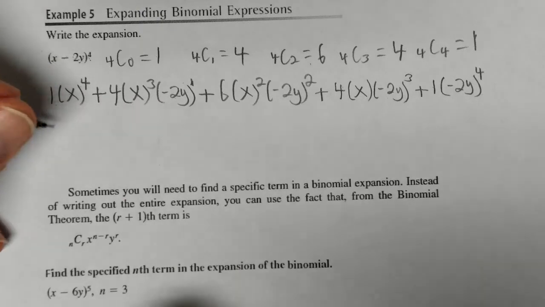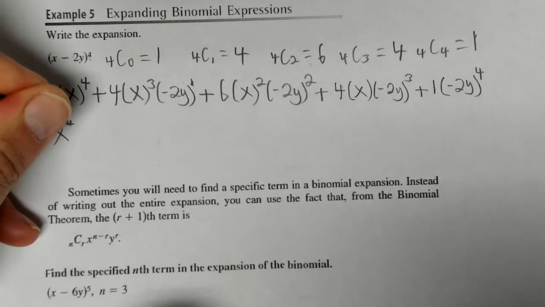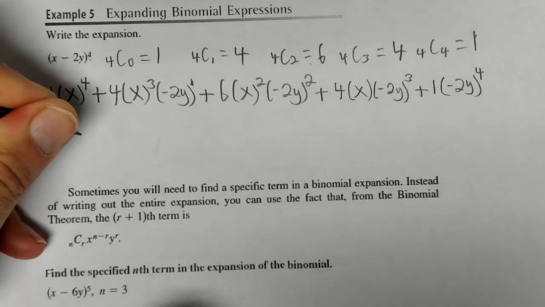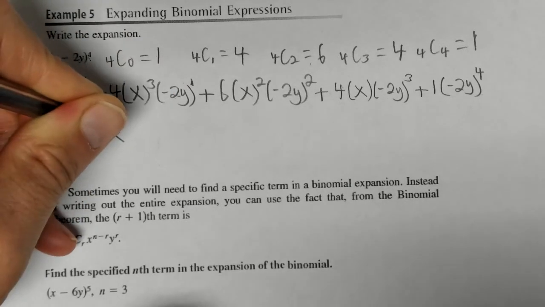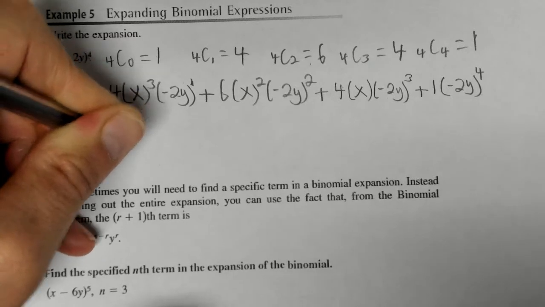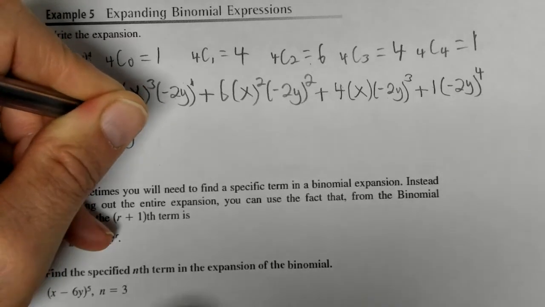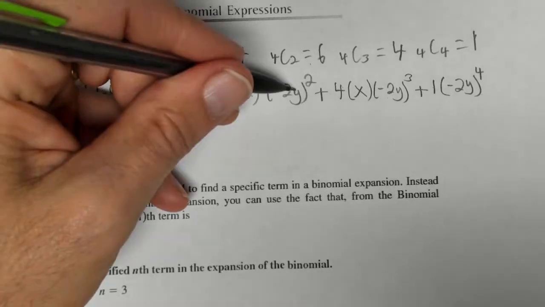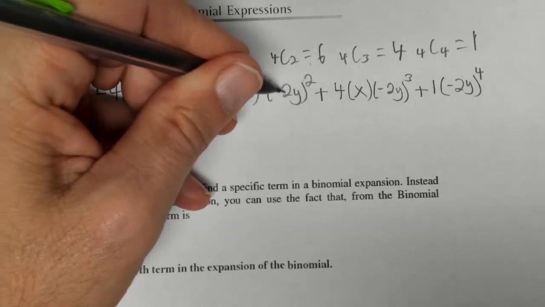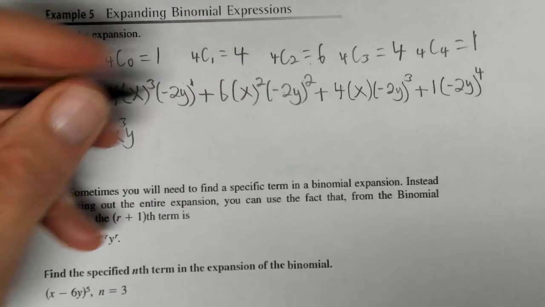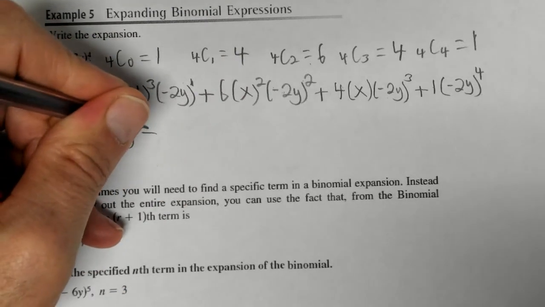So this would be x to the 4th. That's going to be a minus 2 times 4 is 8, x to the 3rd y. Then we're going to have a plus, because this would be negative 2 squared. So negative 2 times negative 2 is positive 4 times 6 would be plus 24.